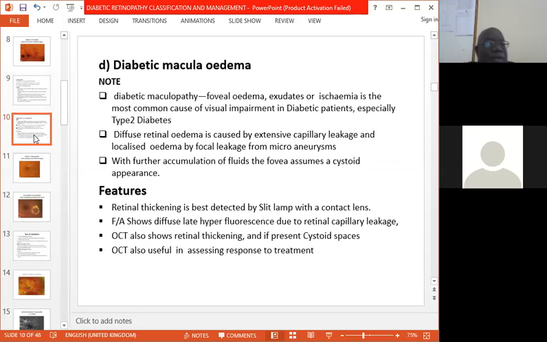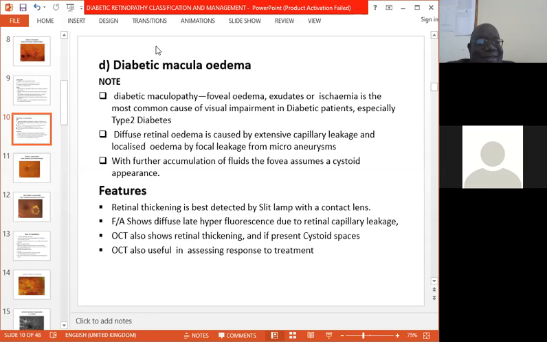Macular edema, diabetic macular edema. Diabetic maculopathy can be foveal edema, can be exudates, or can be ischemic. It is the most common cause of visual impairment in diabetic patients. So with diabetic macular edema, you can have foveal edema, exudates can occur, the yellowish stuff we're talking about, can be at the fovea and will affect vision, or it can be due to the last one here.